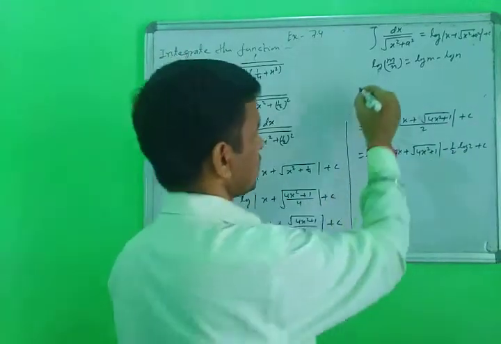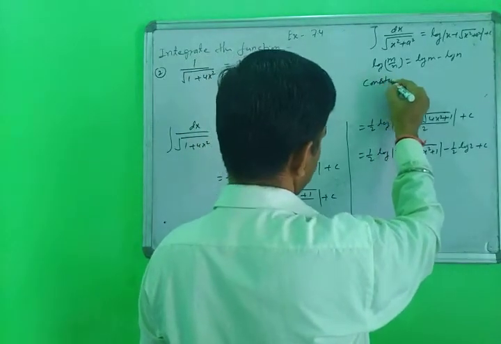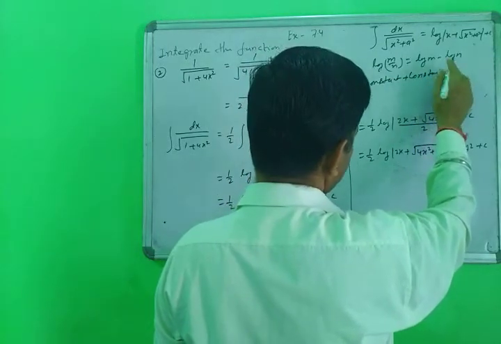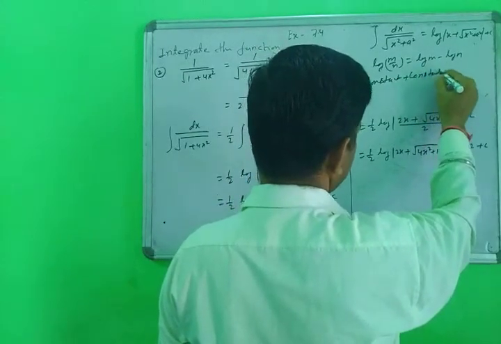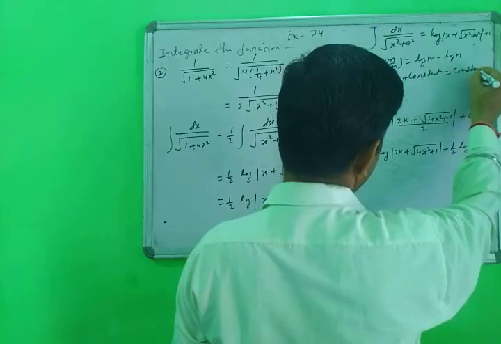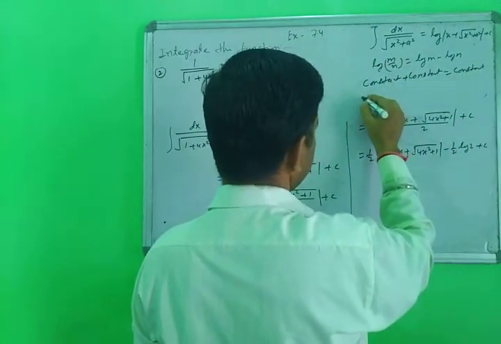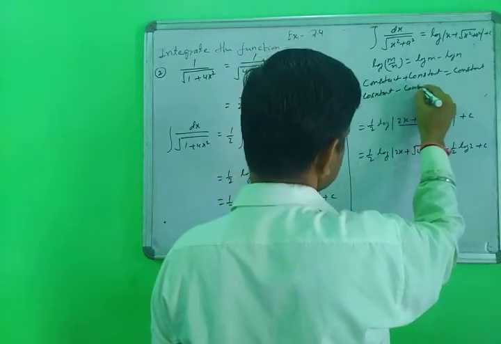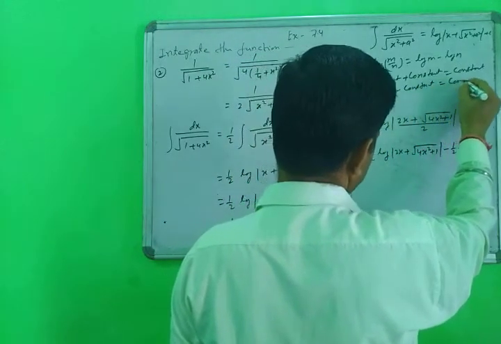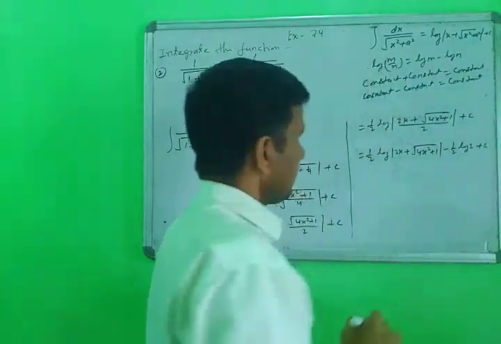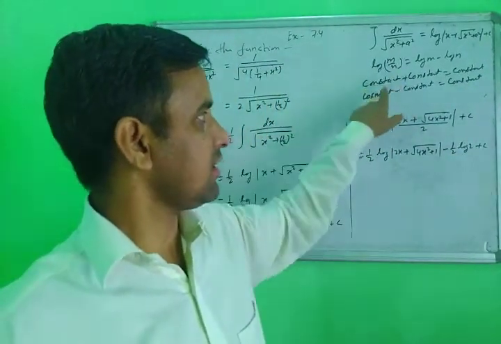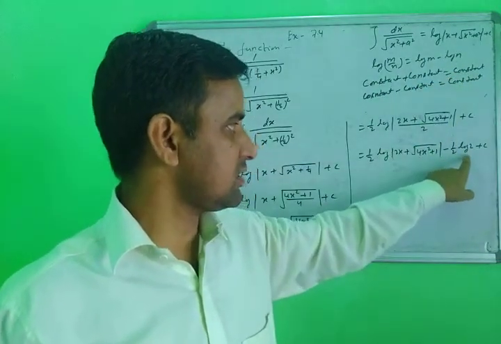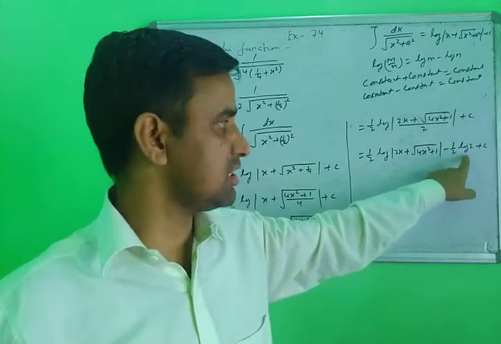So constant plus constant equals constant. Constant minus constant equals constant. When we are solving integrals, the result of constant plus constant, or constant minus constant, is a constant.